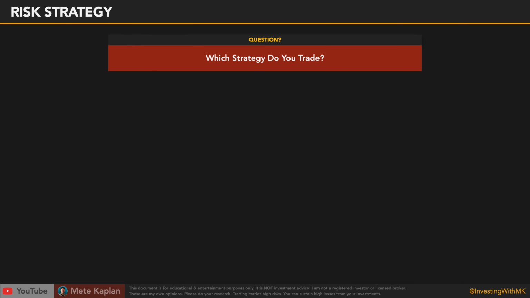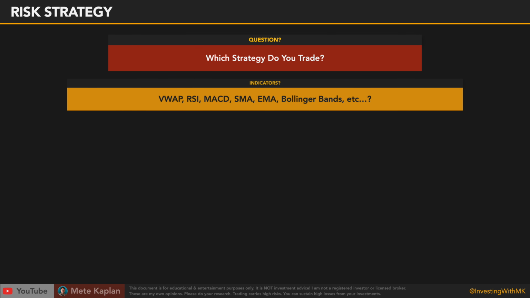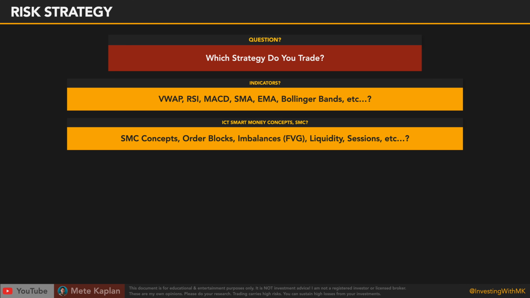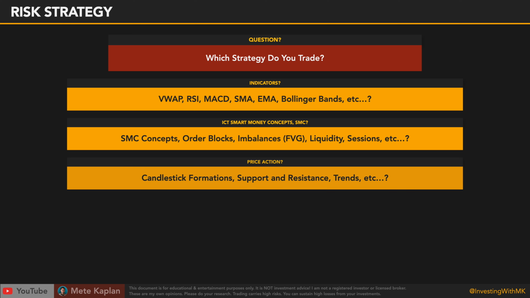First of all, let me ask you a question. What kind of strategy do you trade? Are you an indicator trader like VWAP, RSI, and so on? If they make your life easier, use them. Or are you a smart money trader with the ICT SMC concepts like order blocks, liquidity, or imbalances?